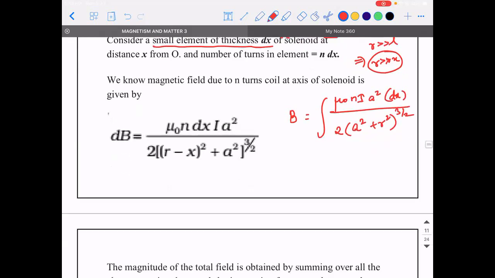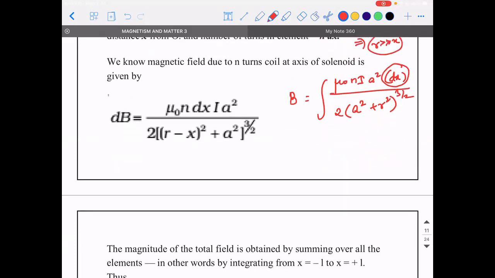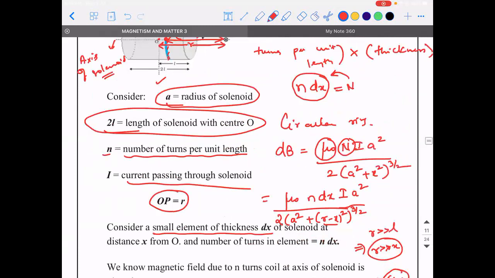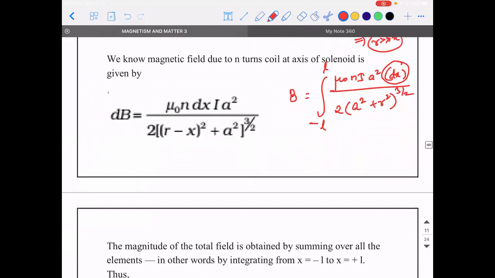Okay. Now, if I observe this expression, I need to find out what is the variable. We are integrating with respect to dx. So x is a variable which is lying along the length of this particular device. So what we need to do is take the value of dx from minus L to plus L. Okay.